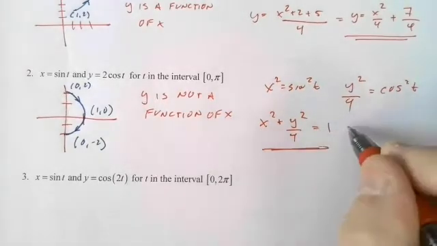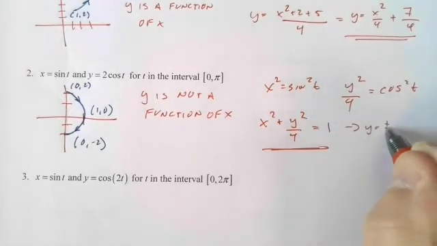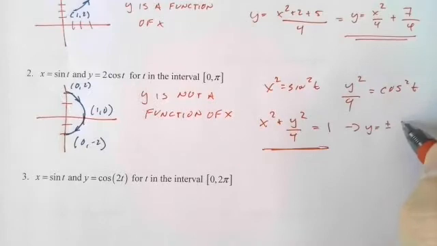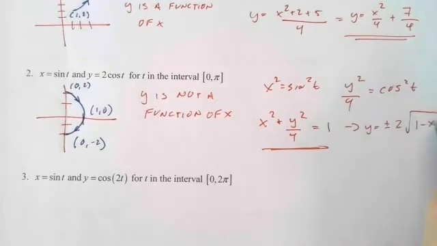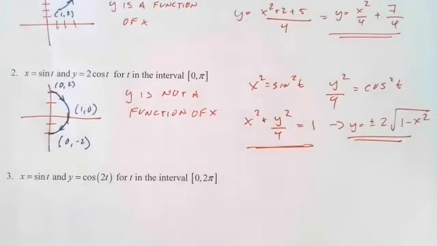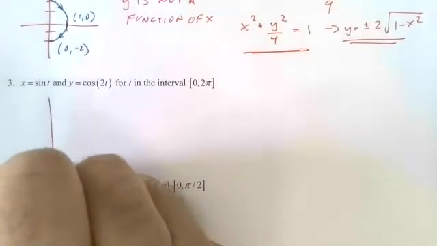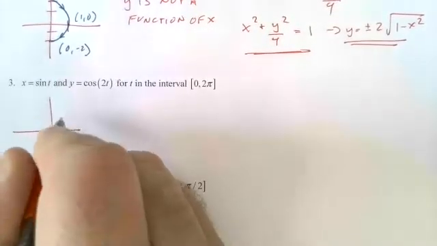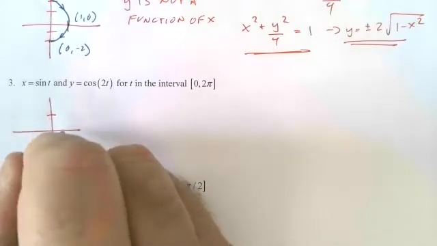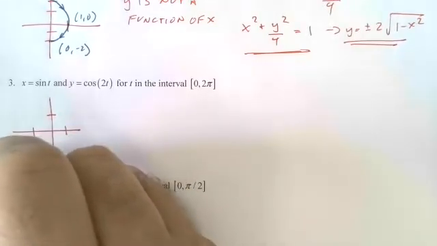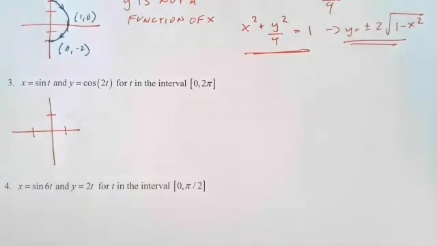We could solve this for y. We would get y equals plus or minus 2 square root of 1 minus x squared. But didn't really have to do that. This is weird.